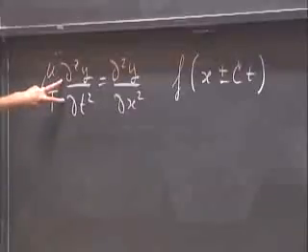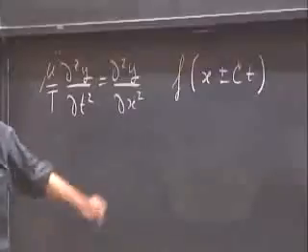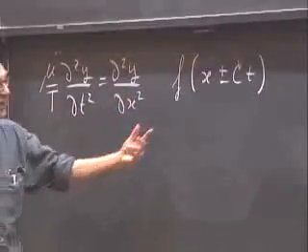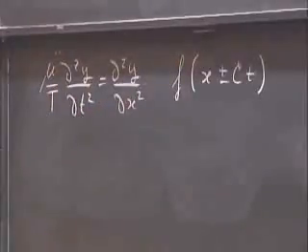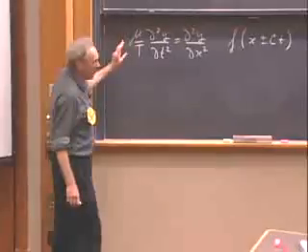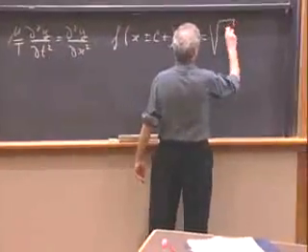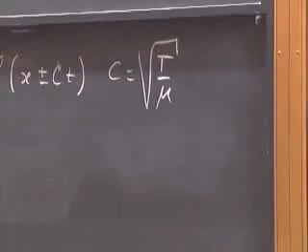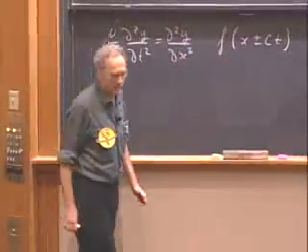Take the second derivative in time, you get a c square out, and you get the second derivative of the function. Take the second derivative in x, you only get the second derivative of the function, and that's all. So all it requires is that c is the square root of t divided by mu. Then, I bet you a month's salary that any single valued function will satisfy this differential equation.